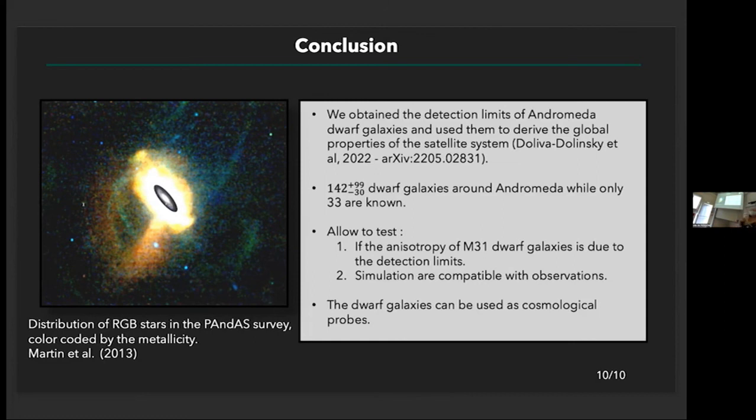First, if the anisotropy in the distribution of Andromeda's dwarf galaxies is due to detection limits. We can also test if simulations are compatible with the observations. So finally, this work makes it possible for Andromeda dwarf galaxies to be used as cosmological probes.